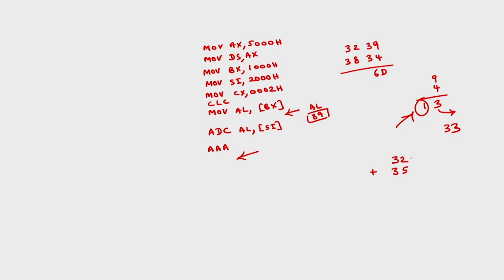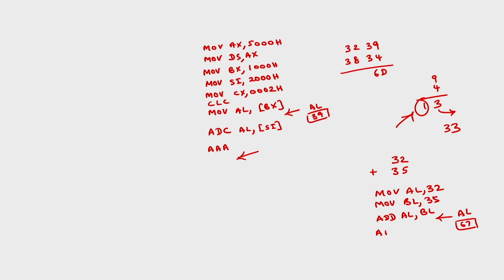Okay. So, if I want to add these two, move AL comma 32, move BL comma 35, add AL comma BL. So that what will be there in AL here? 67.